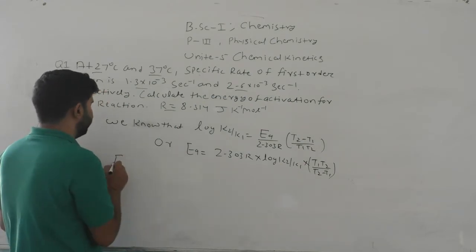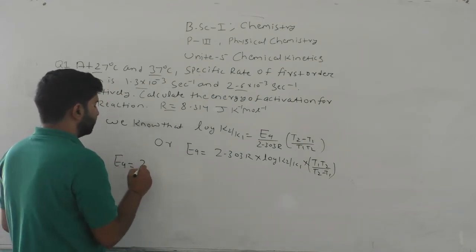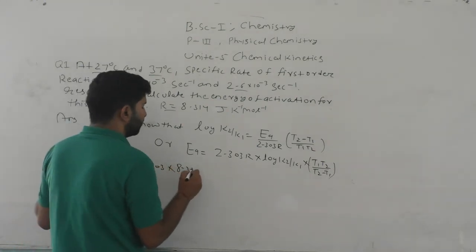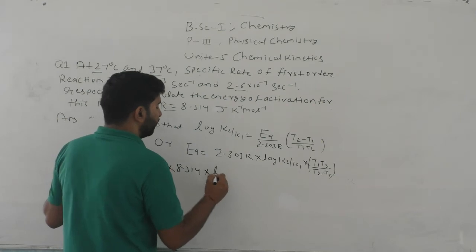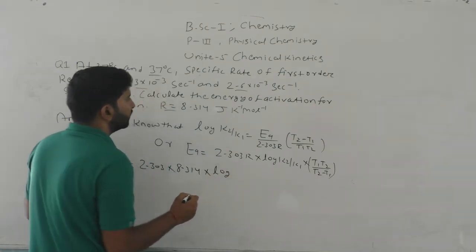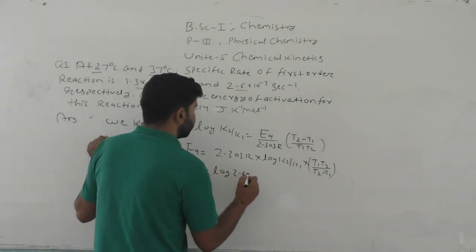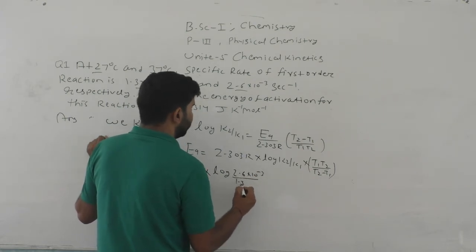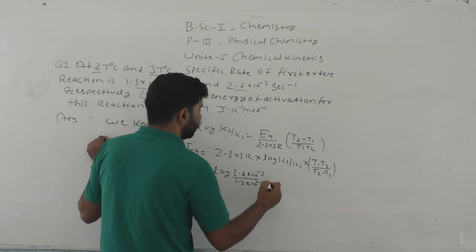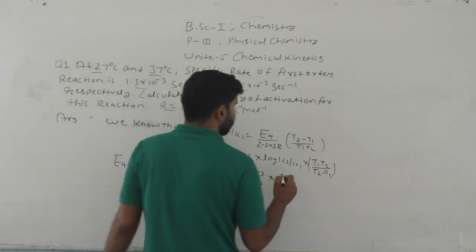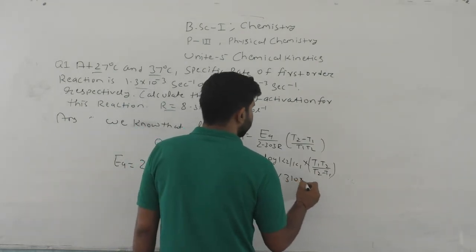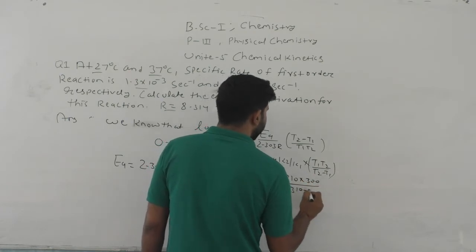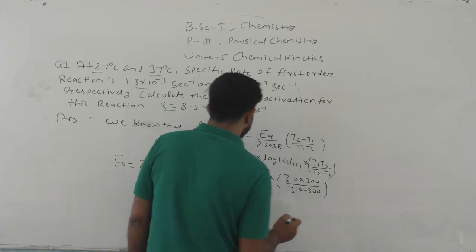Now we put in the values of the given data. 2.303, the value of R is 8.314, the value of K2 upon K1 is 2.6 × 10^-3 upon 1.3 × 10^-3, multiply 310 multiply 300 upon 310 minus 300.